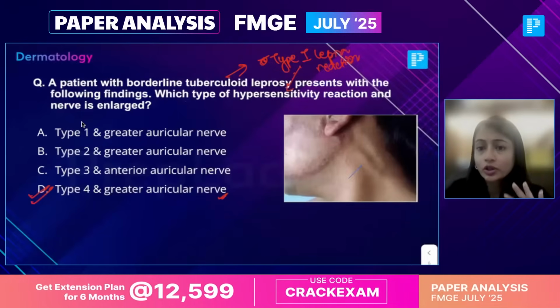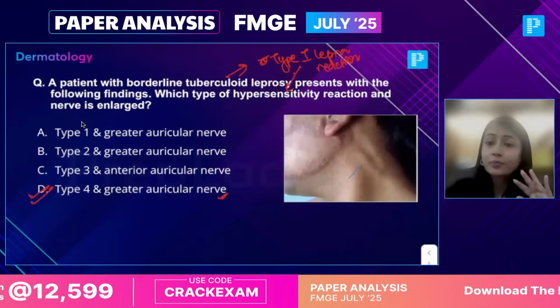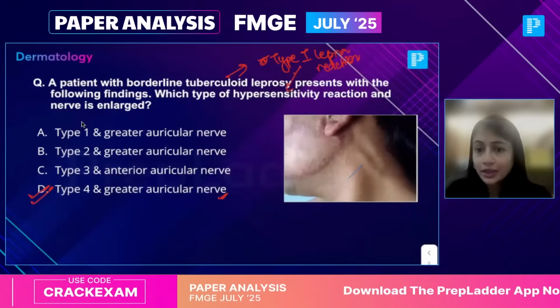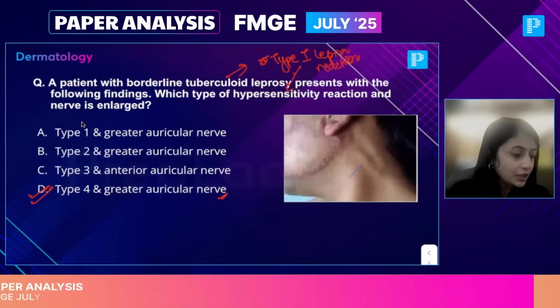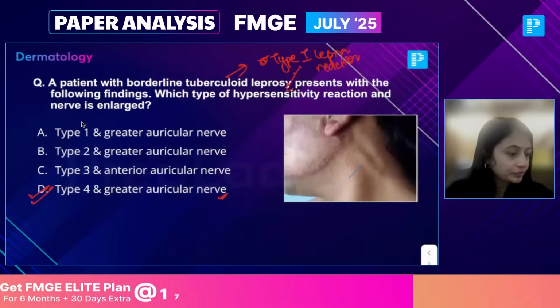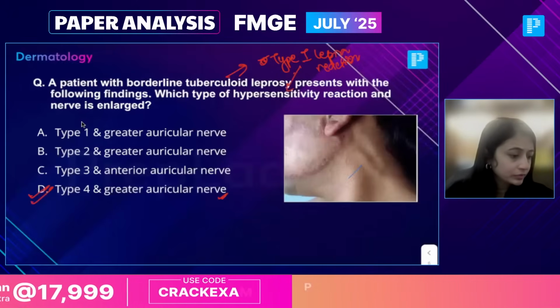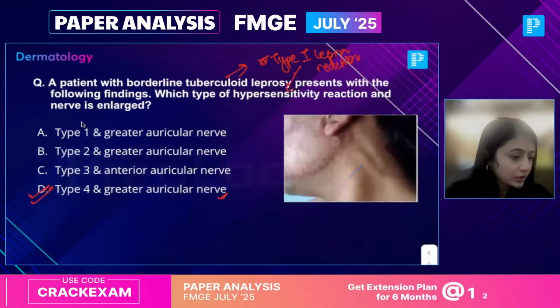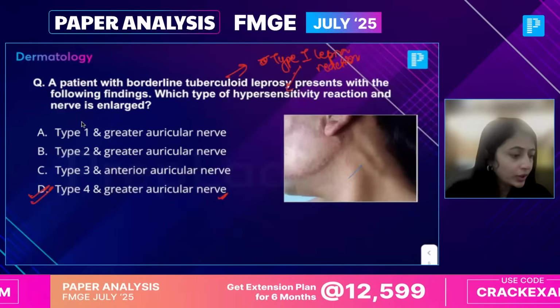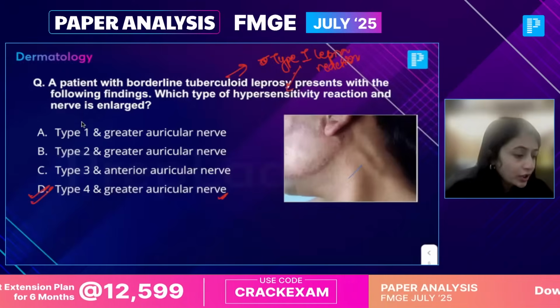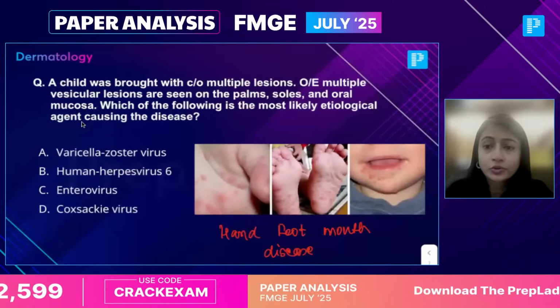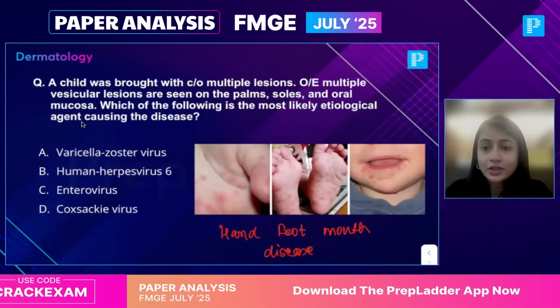So the greater auricular nerve was given, and probably they had asked you the type of Hansen, or they had asked you about the type of hypersensitivity reaction, right? Okay, no worries. So probably there were different options, but they asked you about the greater auricular nerve. That's absolutely okay. We'll move on to the next question.